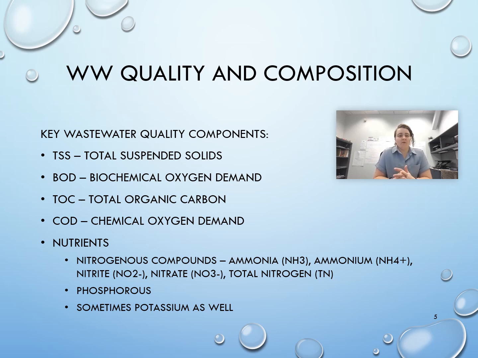So we tend to talk about nitrogen and phosphorus because those are going to increase the nitrogen and phosphorus content of whatever receiving water they go to. And if that receiving water is a lake or a stream, that can potentially cause what we call eutrophication, which makes the lake more nutrient dense. A lot of times this leads to algal blooms and changes in the ecosystems, and that's something that we want to avoid.